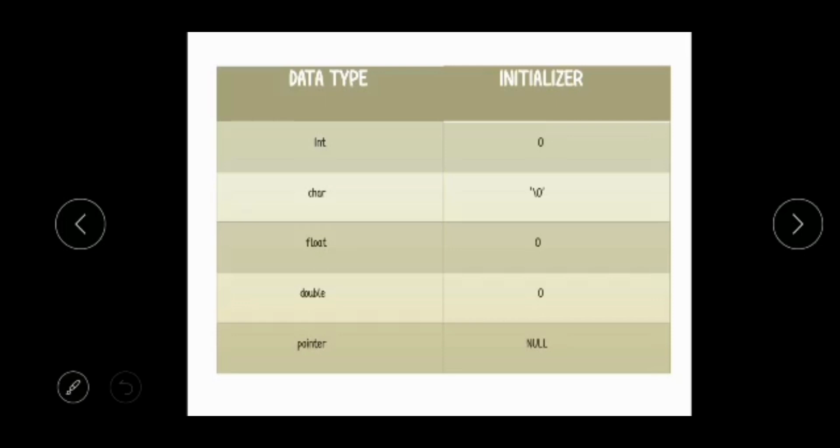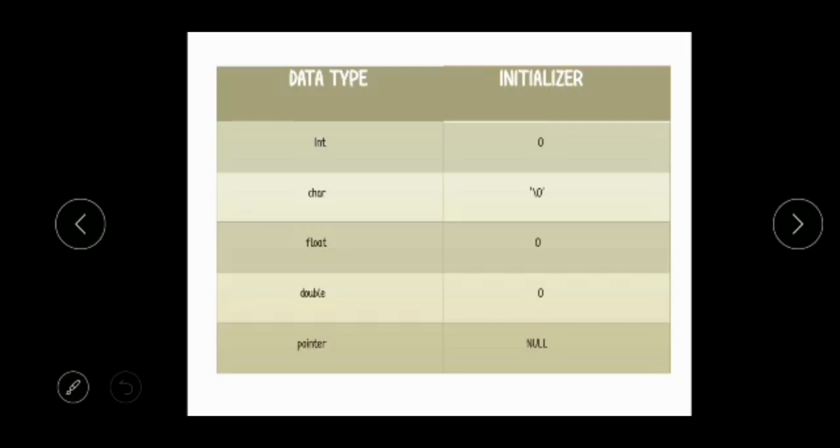Fourth, double. Double precision floating point variables, like float, are often initialized to 0.0 when not explicitly assigned a value. And fifth is pointer. An uninitialized pointer, which holds a memory address, is usually initialized to null. This indicates that it doesn't currently point to any specific memory location.